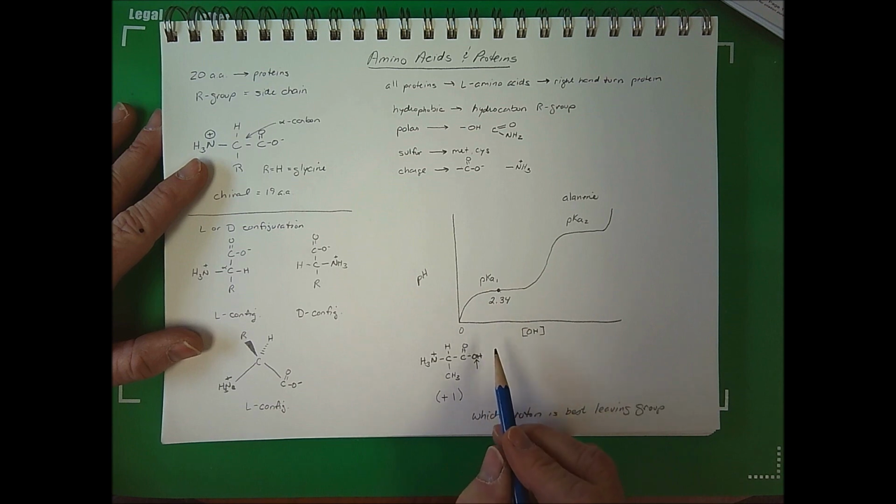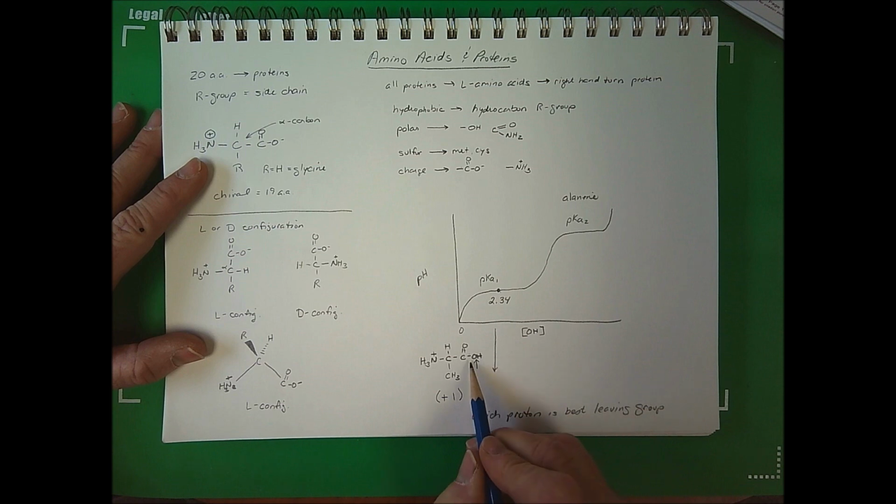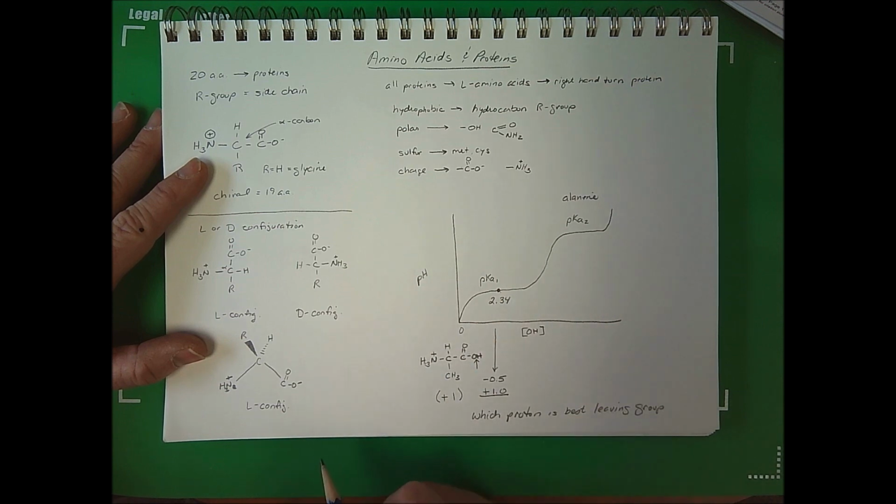So at this point, we have a charge of -0.5 contributed by the half deprotonation of this carboxyl group, and +1 contributed by this amine, which will still remain protonated largely at this pH. So this will give us a charge of positive 0.5 on the amino acid.